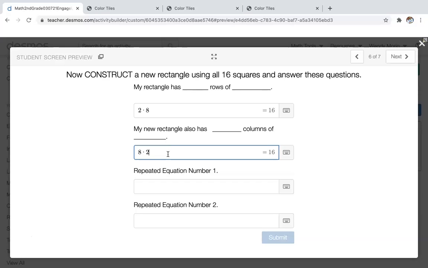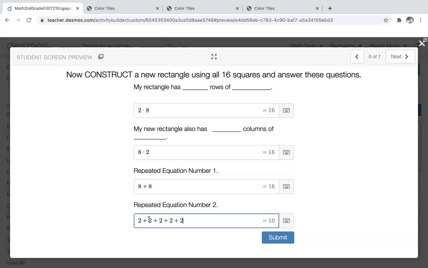Now let's look at the repeated equation for the first one. So 2 groups of 8. So I had 8 plus 8 equals 16. The second one is 2 plus 2, and I'm going to have to do that 8 times, right? Because I had 8 groups, and they both equal 16.